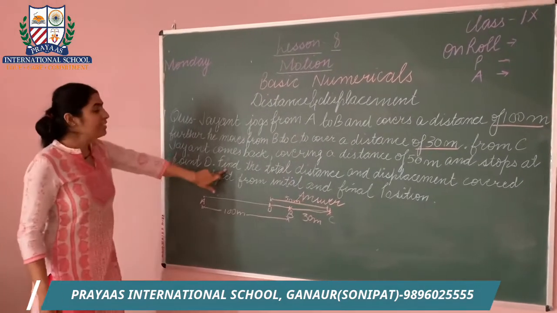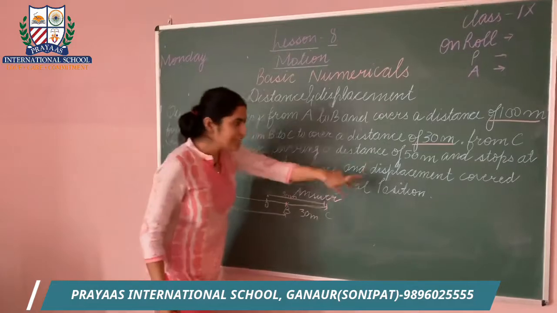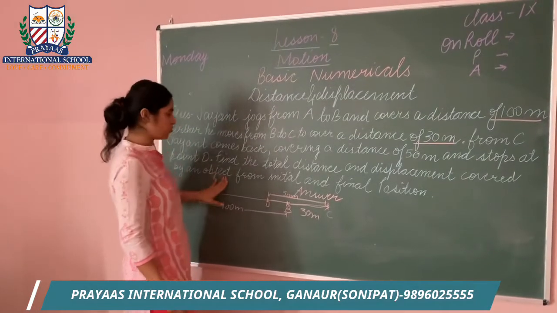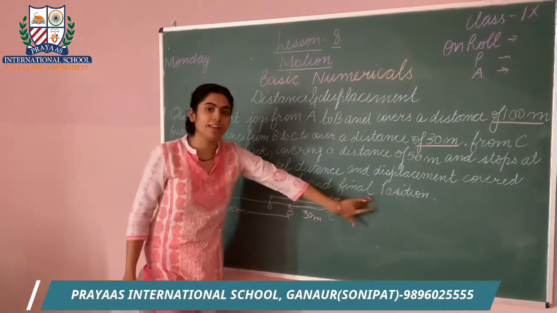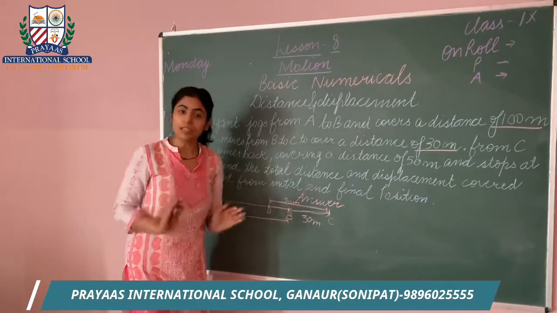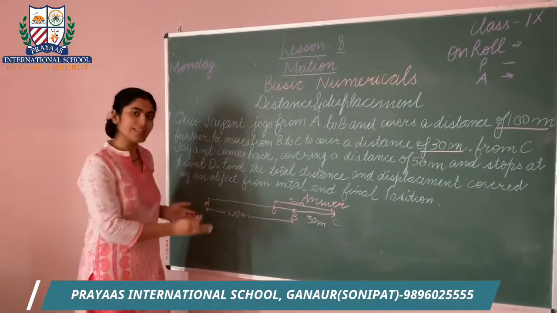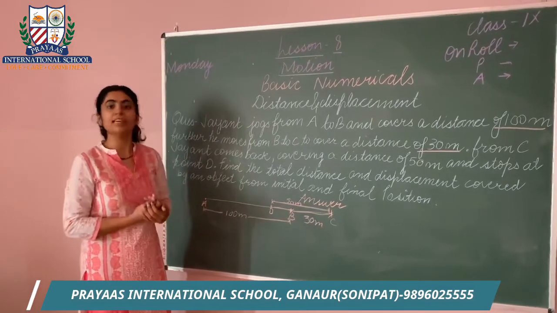Fine. So find the total distance and displacement covered by the object, that means Jayant, from the initial and the final position. So we need to calculate the total distance and the displacement covered by Jayant.